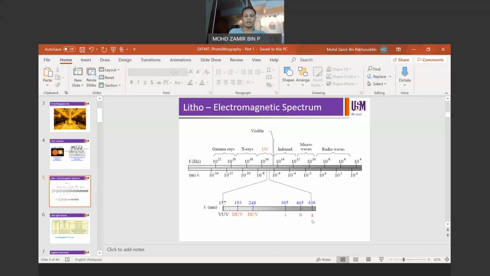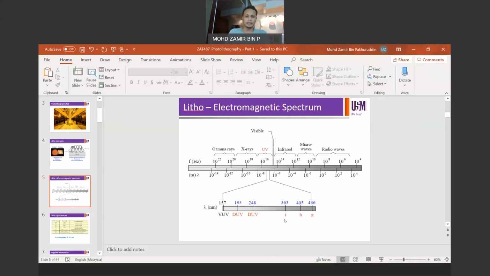So as the process evolved over the years, Fab moved to H line of 405 nanometer, and then I line 365 nanometer. When I first joined Silterra back in 2003, Silterra had I line process and also DUV process.